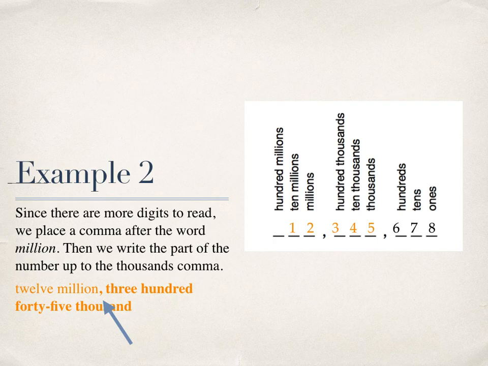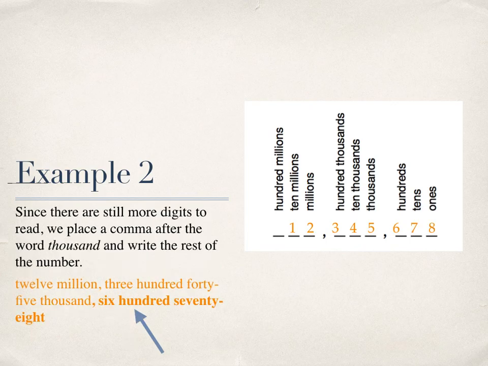Since there are more digits to read, we place a comma after the word million. Then we write the part of the number up to the thousands column. Thousands comma. Since there are still more digits to read, we place a comma after the word thousand and write the rest of the number. 12,345,678.